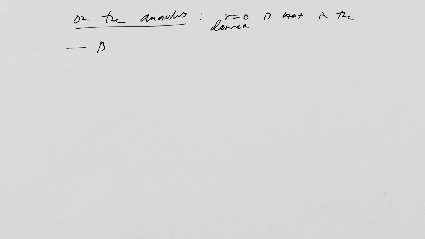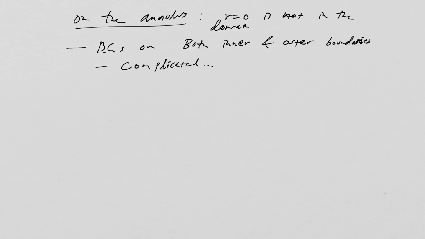And here you're going to have boundary conditions on both inner and outer boundaries. So this case is definitely going to be more complicated. We'll have to deal with it another time.